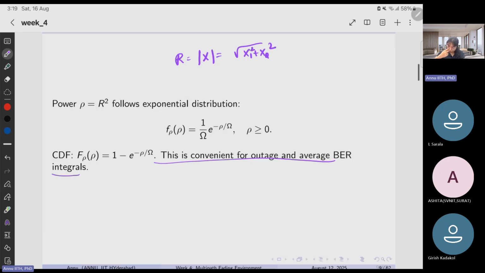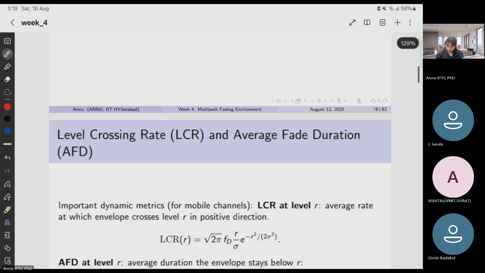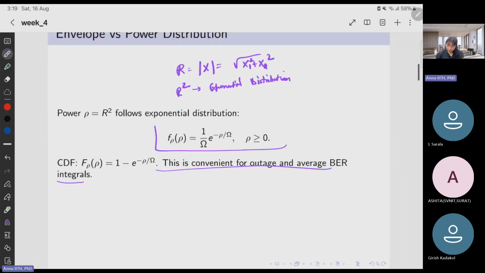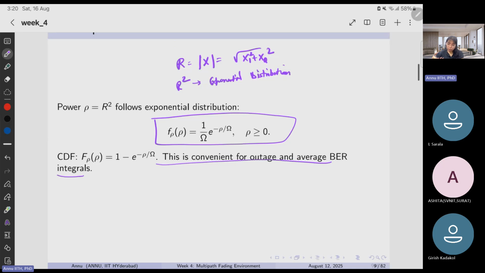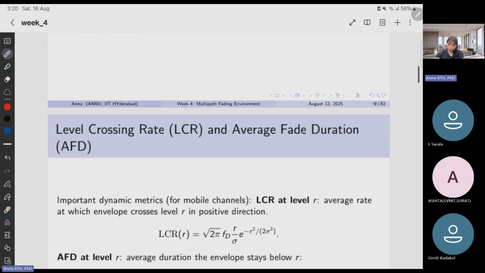If you find the distribution of R square, then it becomes an exponential distribution. That is the point: if you square it, it becomes exponential, and this is useful for outage and BER probability.